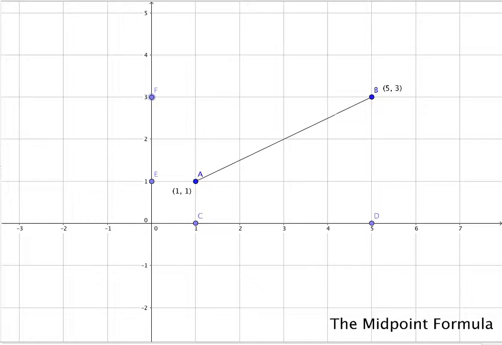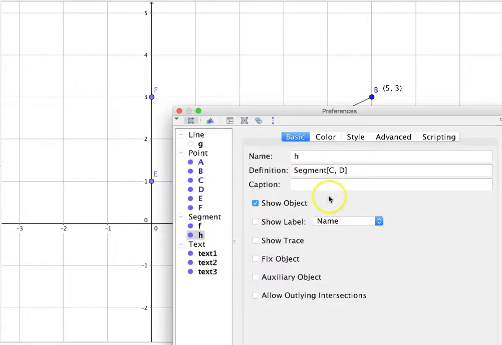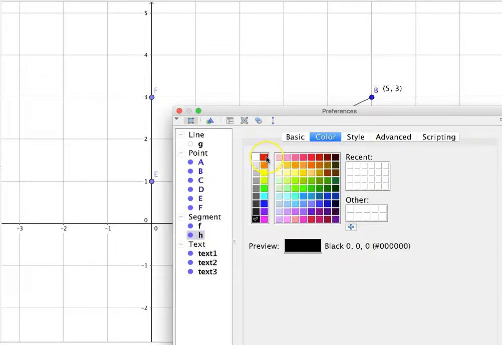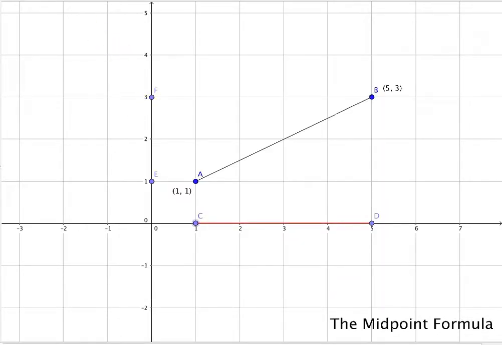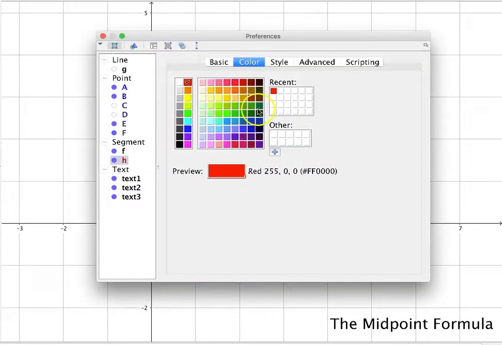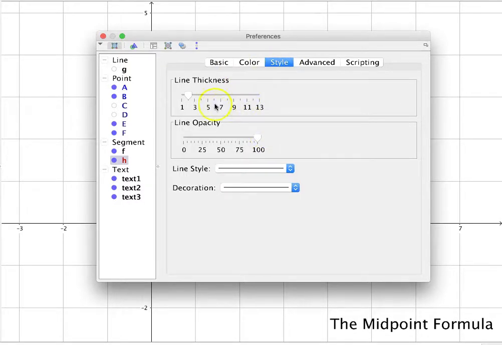And what I mean is that we're really traveling, and I'm going to try to highlight this right here. We're traveling this distance, and so I'm going to turn this to red so that it really stands out. You see that? And we're traveling that distance in the x direction. Let's make this a little bit bolder.